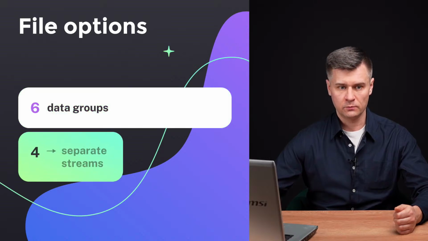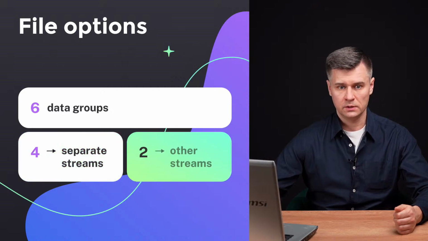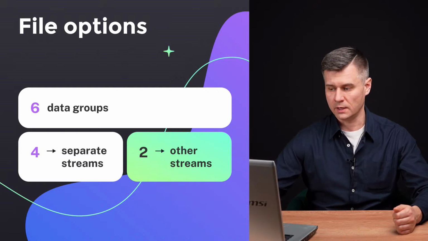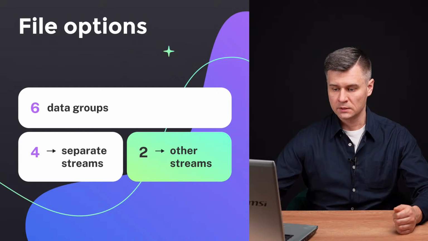The data from 4 of these tabs are stored in separate internal streams inside an NWD file, and those are culling, speed, headlight, and data tools, and the other 2 items are spread along the other data streams.